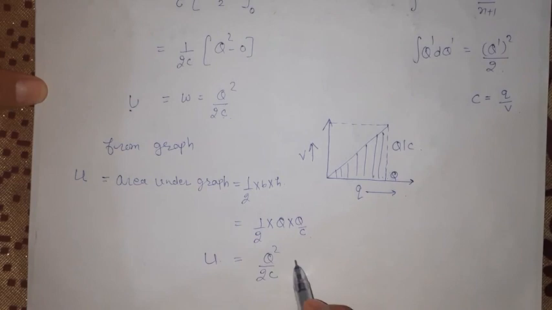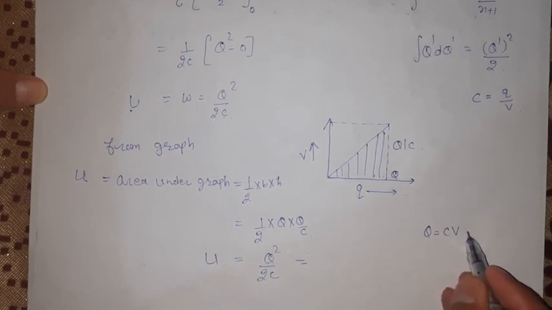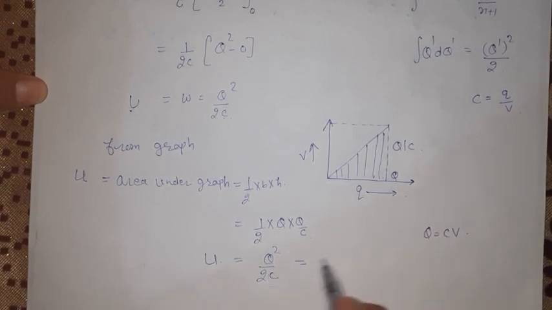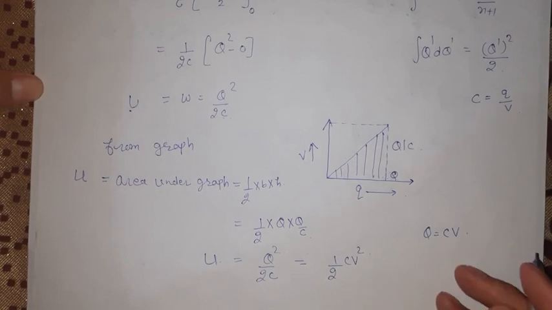Okay, now you will find one more thing, student: as Q equal to CV, if I put this value in this, I will get 1 by 2 CV square. Okay, this is the relation which I will have.